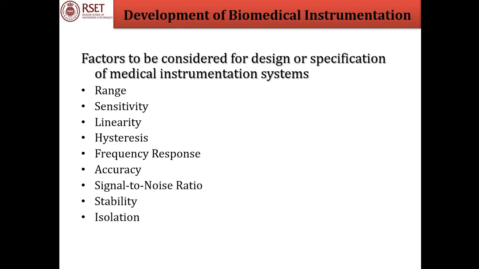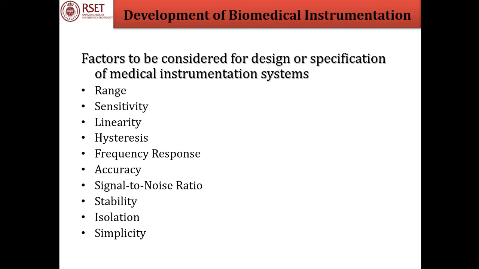Another very important aspect in designing an instrumentation system is isolation. Since measurements are made on patients or experimental animals, the instrument should not produce a direct electrical connection between the subject and the ground.